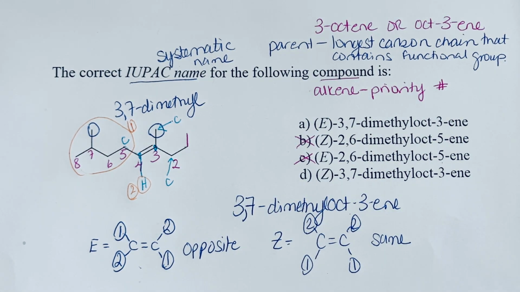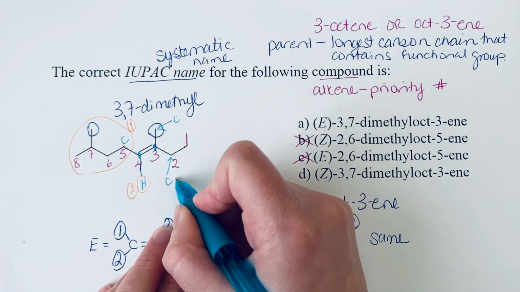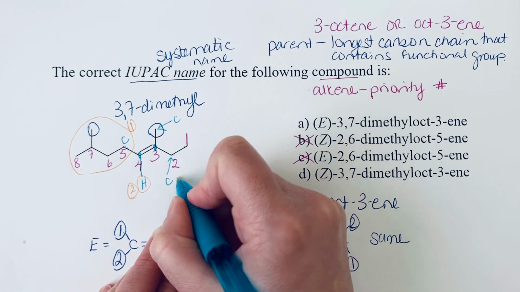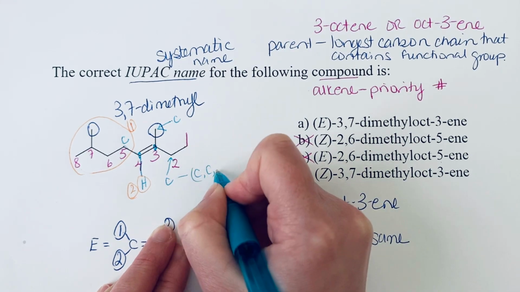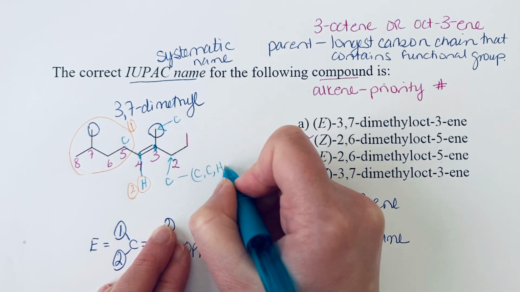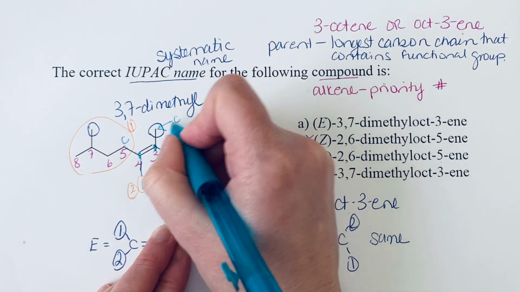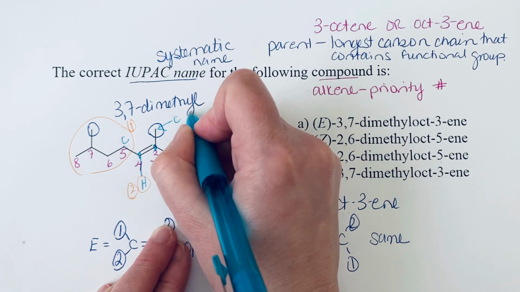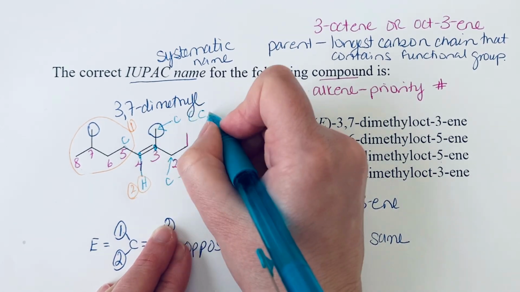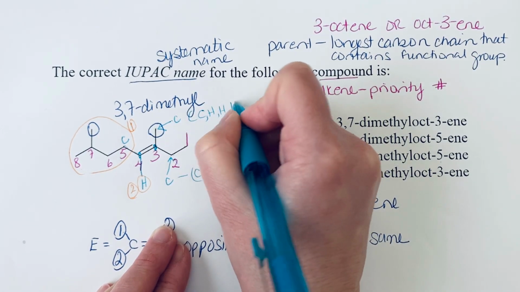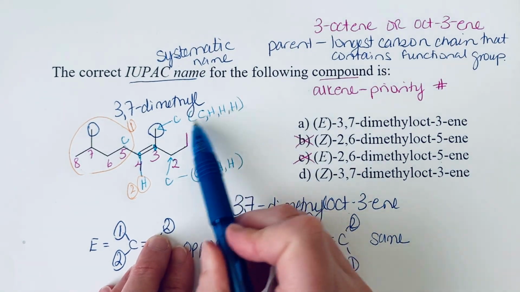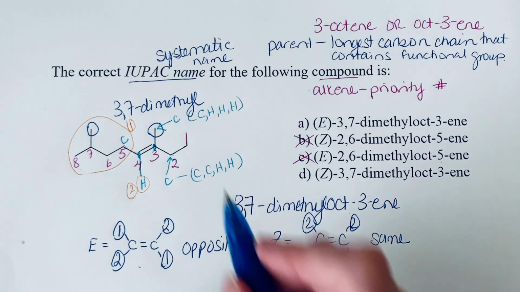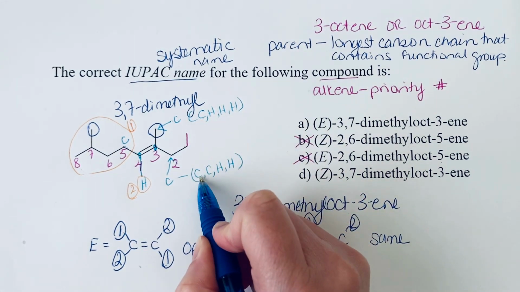So now we need to say, well, what are these carbons bound to? And so if we look at what this carbon is bound to, we see that it has 2 bonds to carbon and 2 hydrogens, 2 bonds to hydrogen. And so if we look at this carbon, this is a methyl group, it's got that 1 bond to carbon, and then it's got 3 bonds to hydrogen. And so we compare, notice I've listed them in decreasing atomic numbers so that I can easily find the difference. So I say carbon, carbon, that's the same.